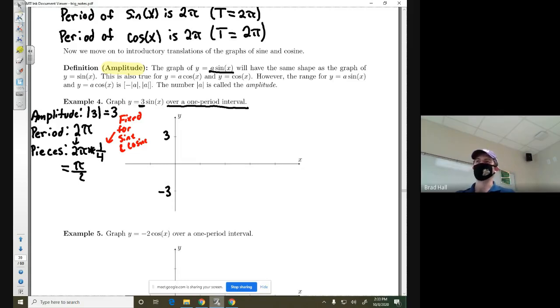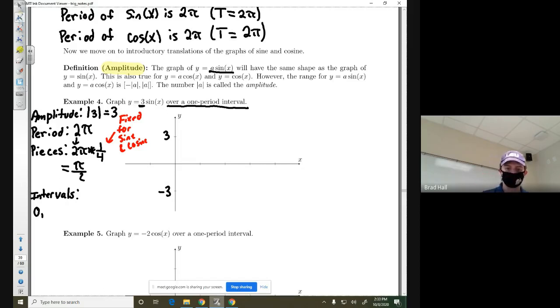So from here, the last thing we have to do is figure out the intervals themselves. The intervals, we're going to start at 0. And we know what the step size is. We know what the pieces are. So we have to keep adding the piece value.